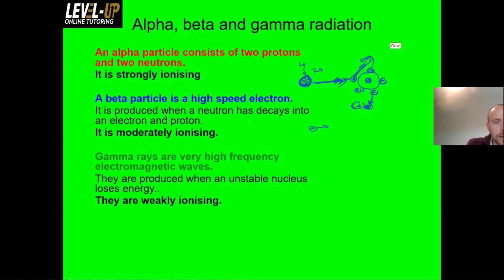If we think about the beta particle, here's my beta particle, and I'm going to think about it in similar terms, okay? Here is another atom with its 1, 2, 3, 4, 5, let's say 6 electrons. This electron, this beta particle, gets close to it.